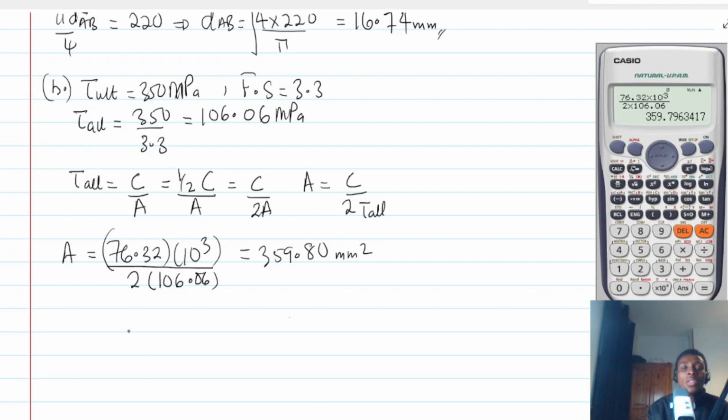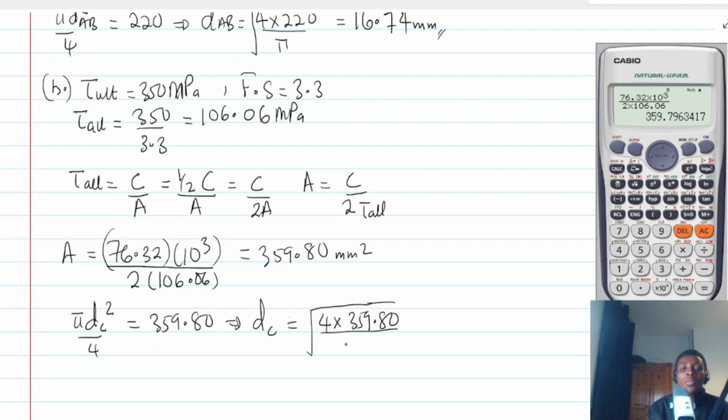Again, using pi dc squared over 4 is 359.8. Then dc will be the square root of 4 into 359.80 divided by pi. And what is it then?